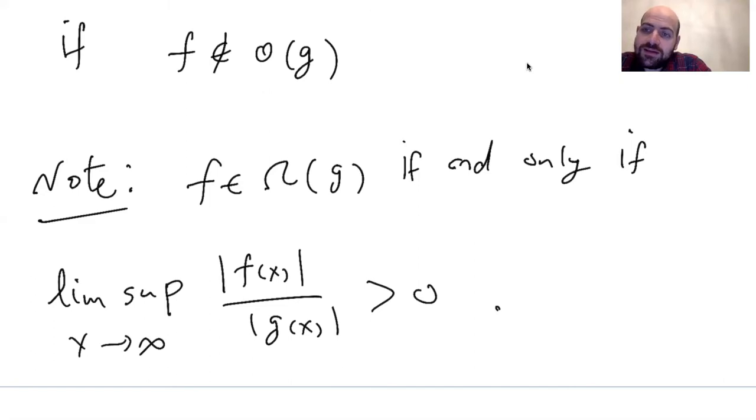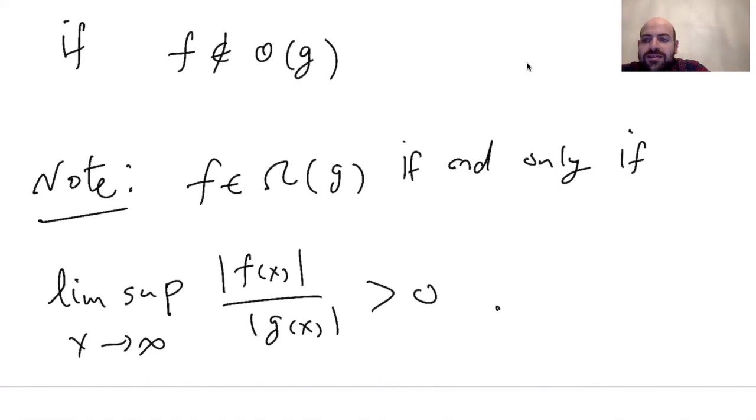Another possibility in which the limit of absolute value f over absolute value g is not zero is that the limit does not exist. If it does not exist, that means lim inf and lim sup are not equal to each other.